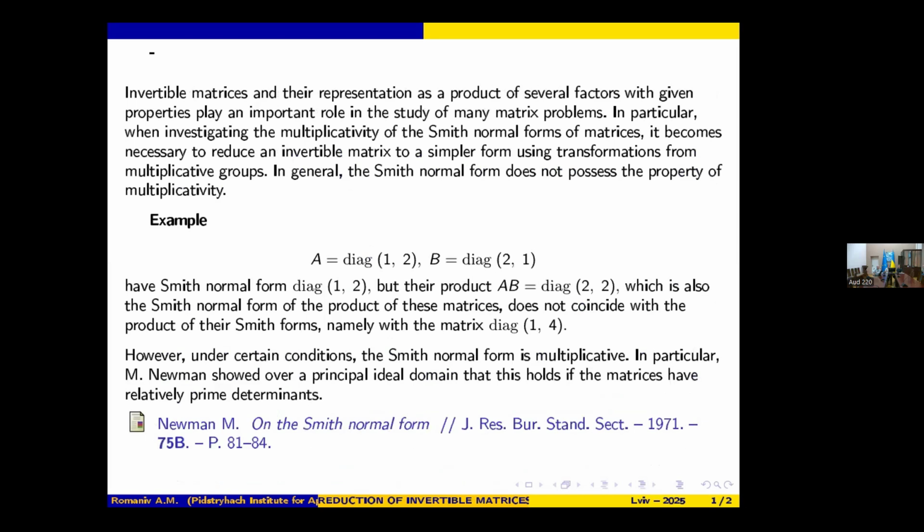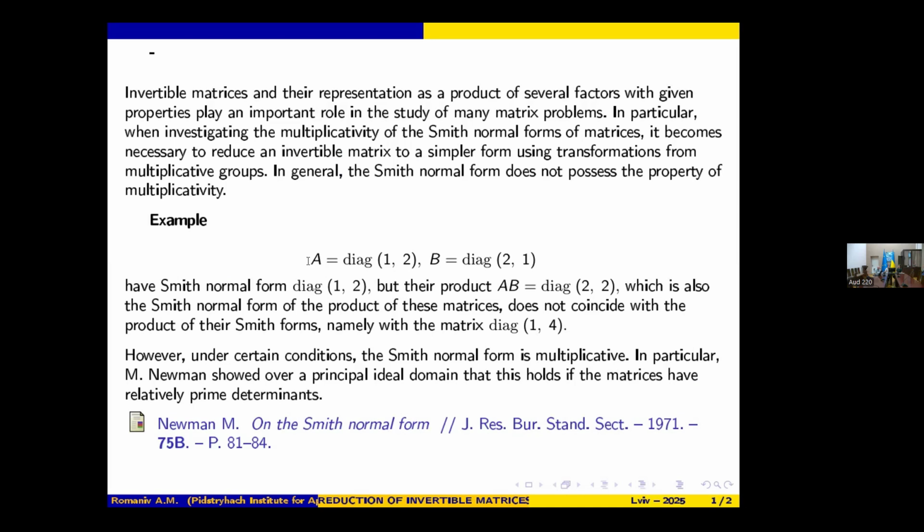Invertible matrices and their representation as a product of several factors with given properties play an important role in the study of many matrix problems. One of them is the multiplicativity of the Smith normal form. In general, the Smith normal form does not have the property of multiplicativity. For example, consider the matrices A and B. This matrix has the Smith form diagonal matrix 1, 2.